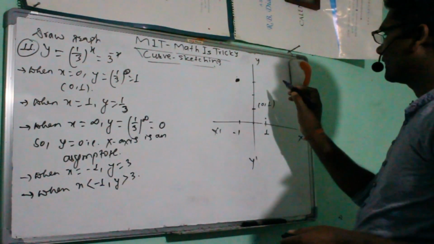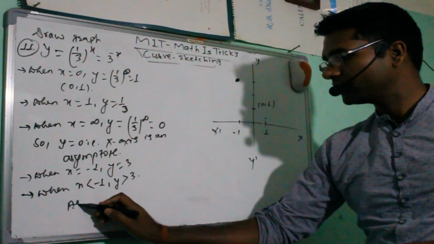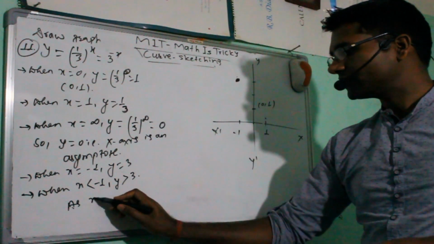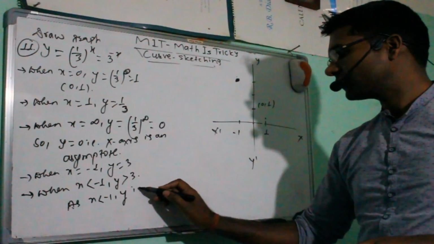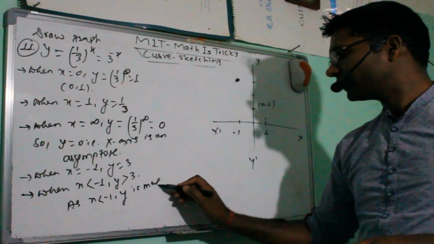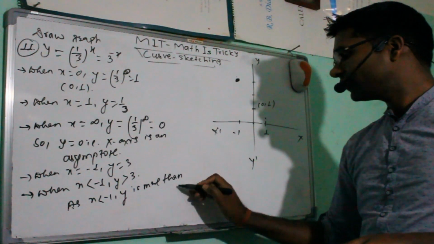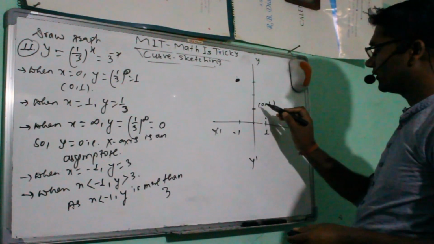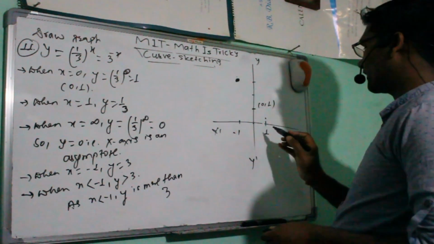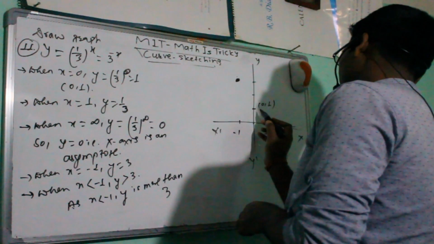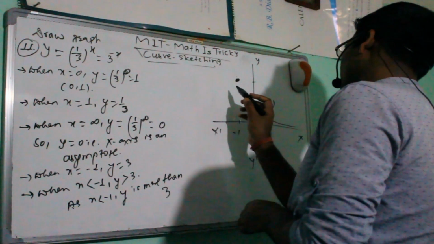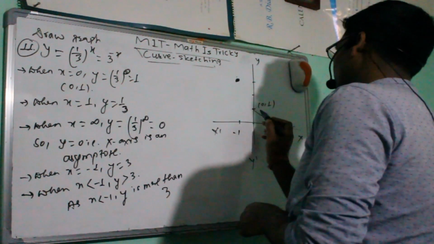It means as x is less than minus 1, y is more than 3, it will go up. So for this we can draw a graph like this. Look here, it is going closer and closer. Asymptote means this.